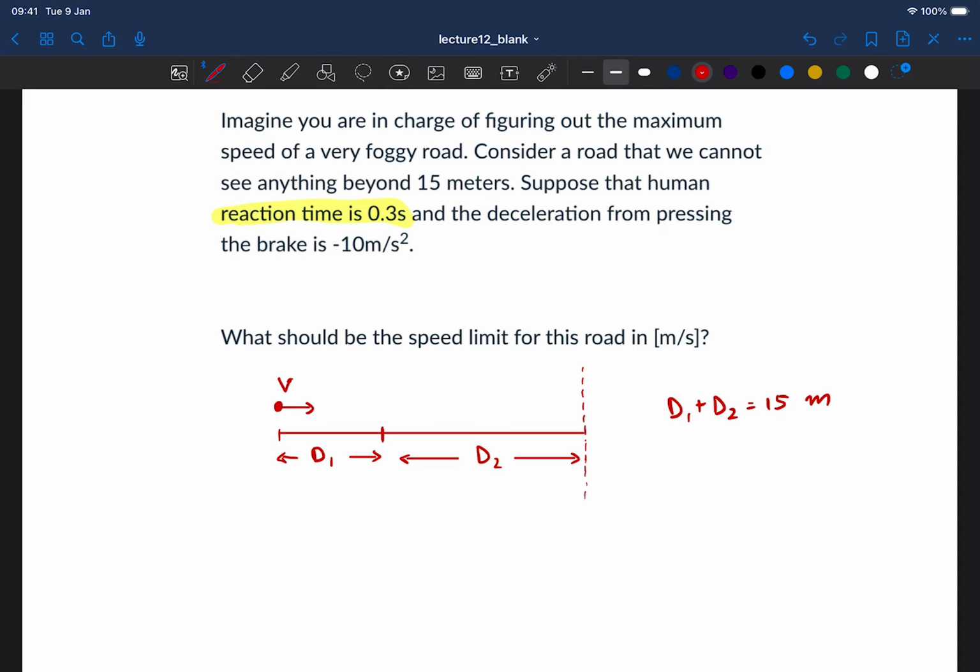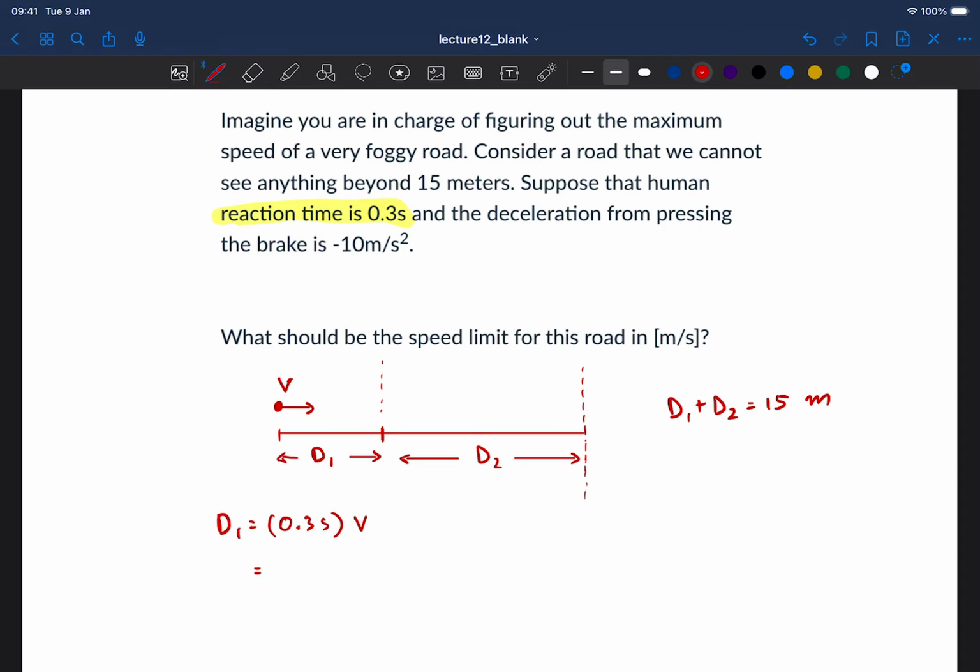We can calculate the distance d1 by knowing that the time that you travel for this first chunk is exactly the reaction time, which is 0.3 seconds. So 0.3 seconds times the velocity v, that's d1.